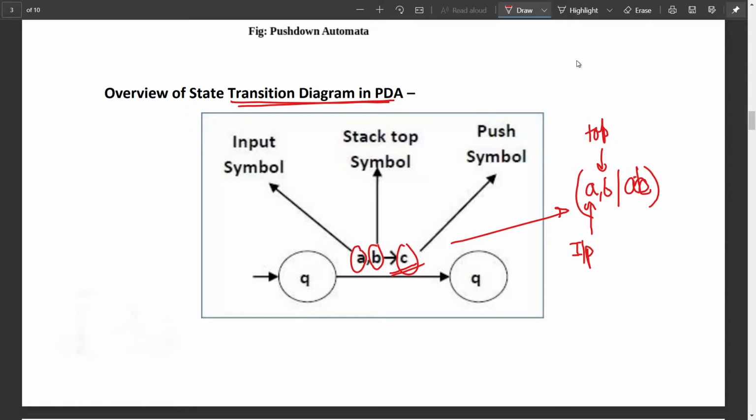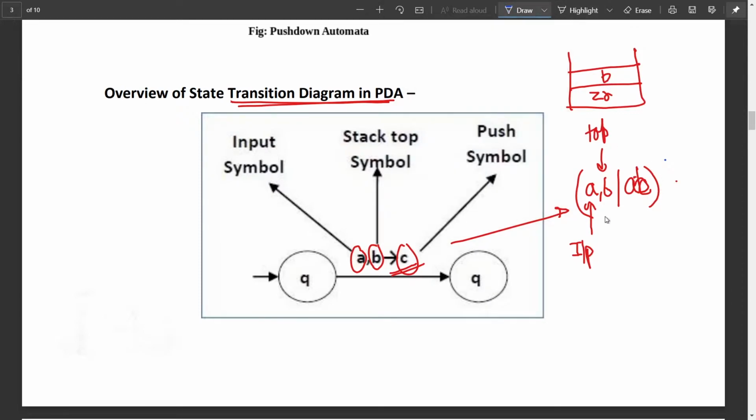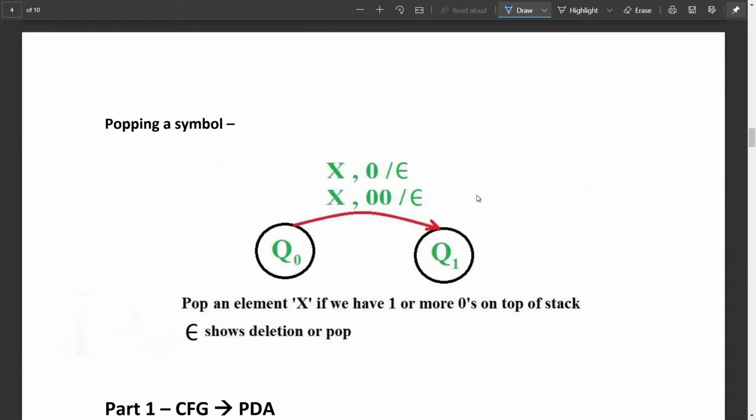So what this means is that when we get the input as A and the top of the stack is B, so let me make the stack. So this is the top of the stack right now. So whenever we get such kind of an input, we get A and the top of the stack is B, it will be updated to AB. Like we'll push A for this particular case. Okay. And how to pop a symbol?